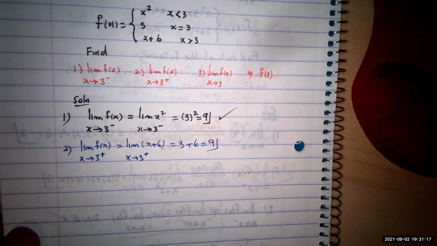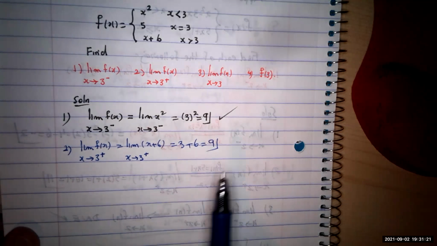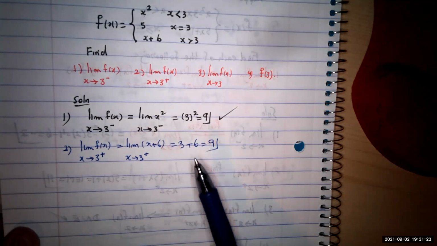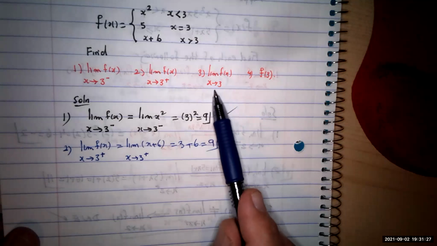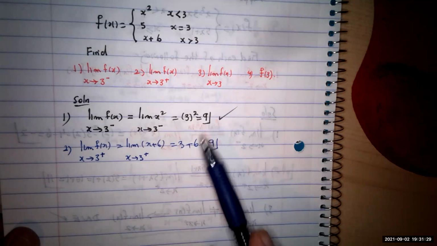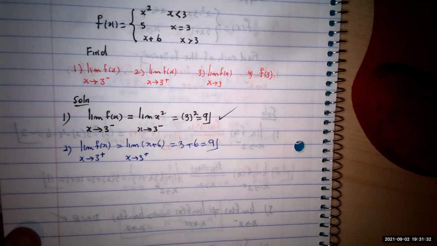So the right limit and the left limit happen to be equal to each other. You know that if the right and the left are equal to each other, this means the limit of the function when x goes to 3 does exist, and this is also equal to 9. So this is how we're going to explain it.